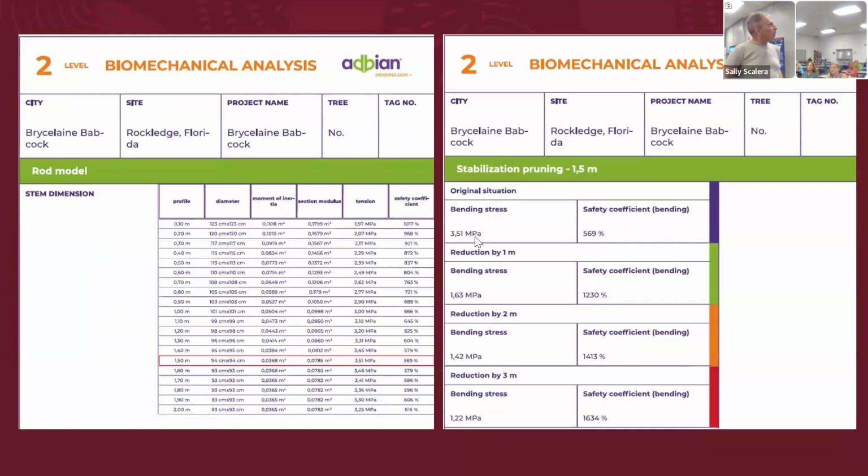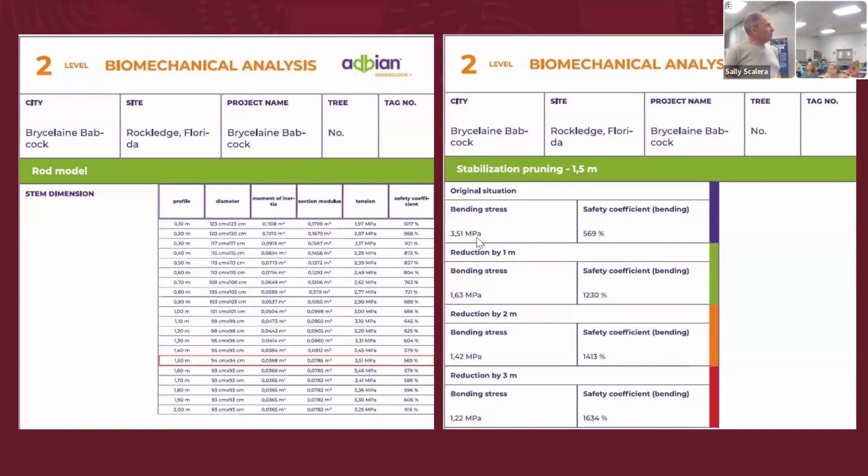And then it can work out the safety coefficient, the bending ability, and the percentage of that part of the trunk. So if we've got a decay in a certain part of the trunk, we don't know, but AI is suggesting what the forces are that are being applied to that point.